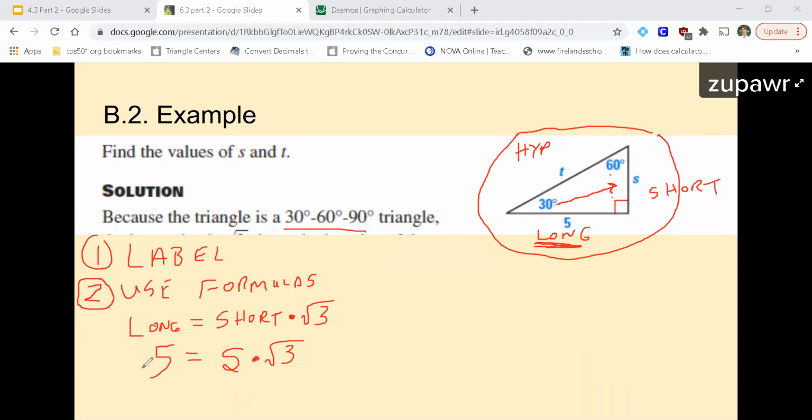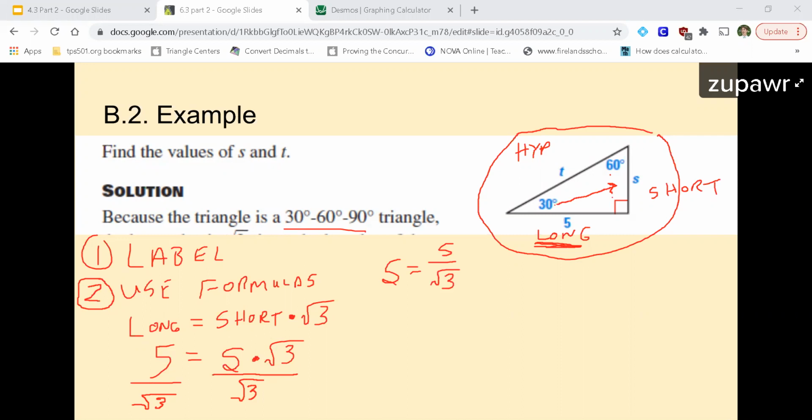I need to solve this for S. To get S by itself, what's the opposite of multiplying by the square root of 3? Well, the opposite of multiplying is? Divide. Divide. Exactly right. Okay, so S will be 5 divided by the square root of 3.